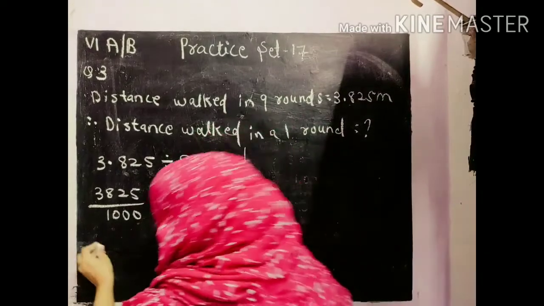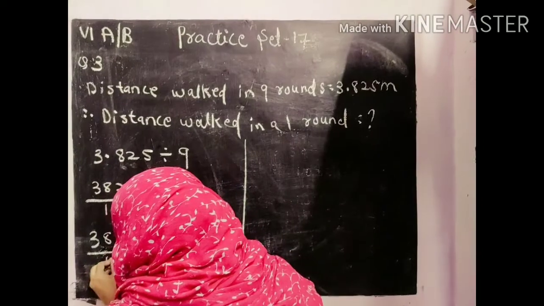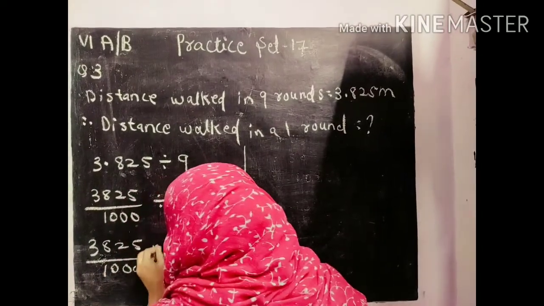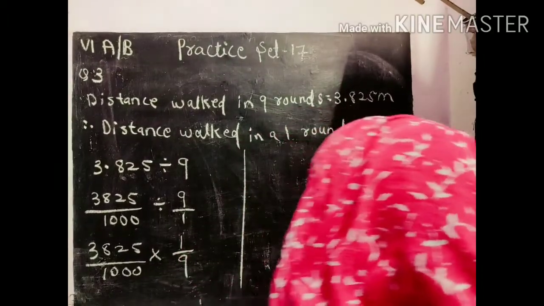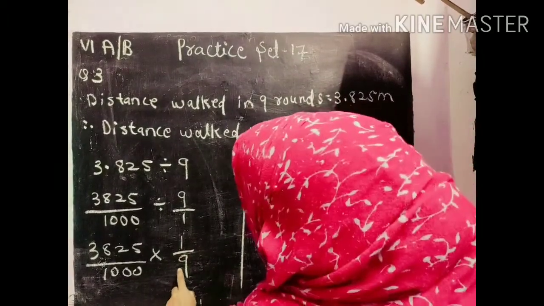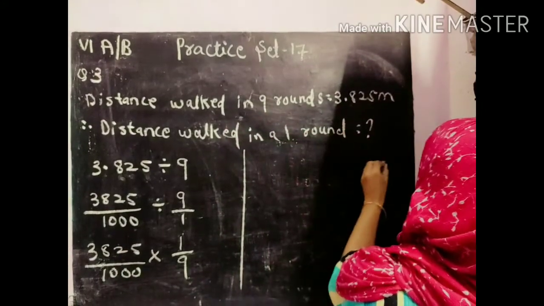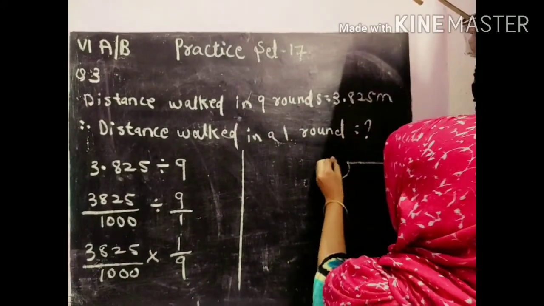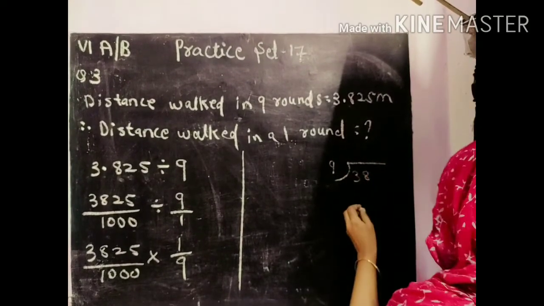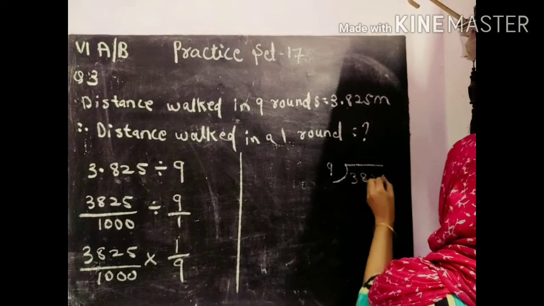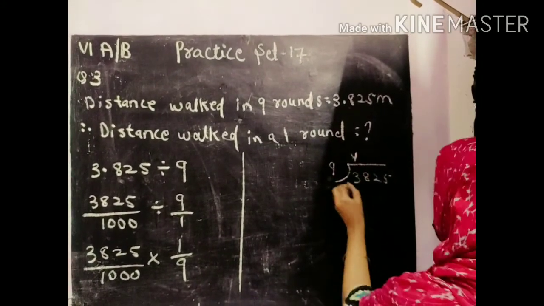Now 3825 upon 1000 into 1 upon 9. Here we will divide 3825 by 9. 9 4s are 36.